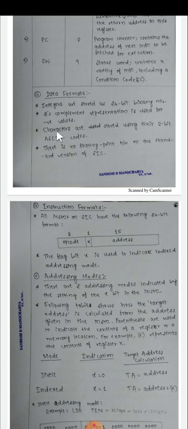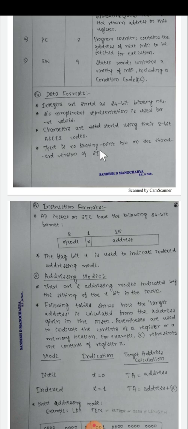Characters require 1 byte, which is nothing but 8-bit ASCII codes, and there is no floating point hardware on the standard version of SIC, so we cannot store floating point values here. Finally, on the SIC machine we can store only integer values. They may be positive or negative.